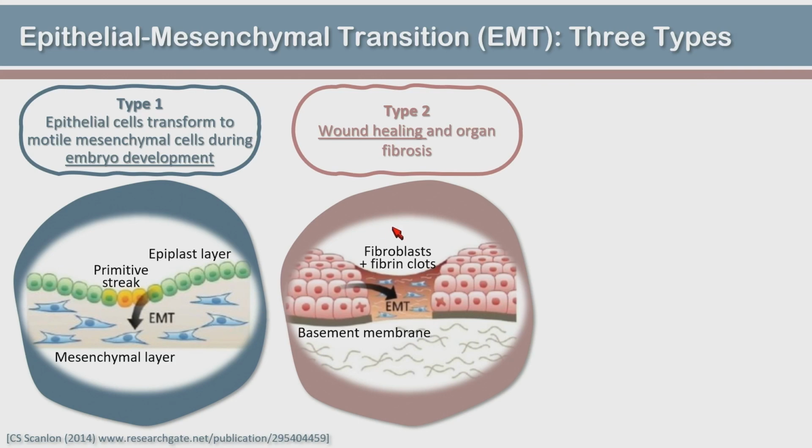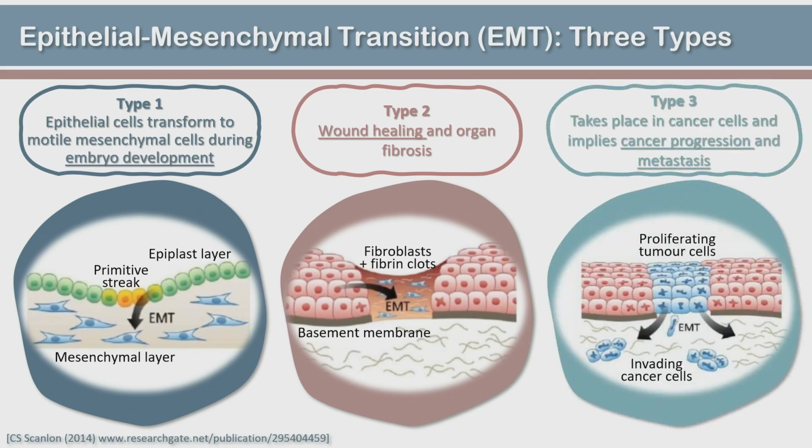Type 2 of EMT, or epithelial mesenchymal transition, is in wound healing and organ fibrosis. So as I've shown you, when there is a challenge or an injury to the epithelium, the cells are able to sort of close this wound, and they do this by becoming more primitive, in other words, being mesenchymal, or the basal cells actually become with a mesenchymal phenotype.